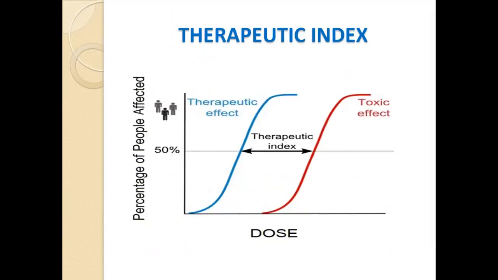Okay, so here we can see the image about the therapeutic index. For 50% of the population, what will be the therapeutic effect and the toxic effect we will be seeing under the therapeutic index.